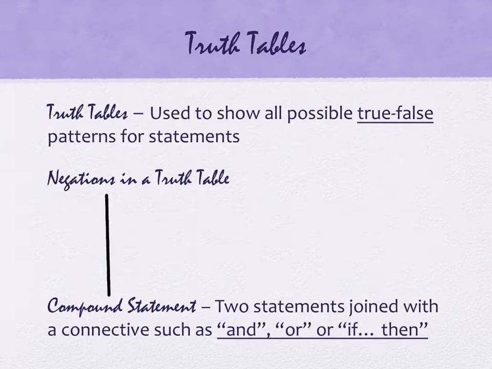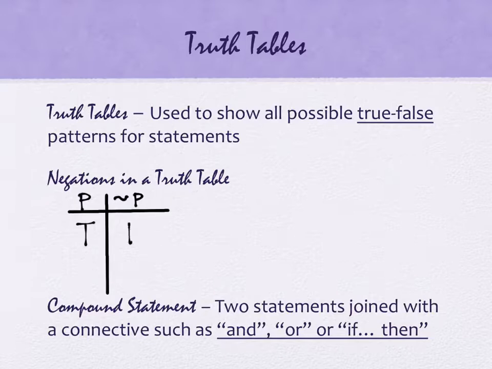So a truth table looks like a list. Whatever your statement is called, we tend to use P's and Q's. I don't know really where that comes from specifically, but P's and Q's, and then R's if there's a third one. If your statement is true, then what can you tell me about the negation?